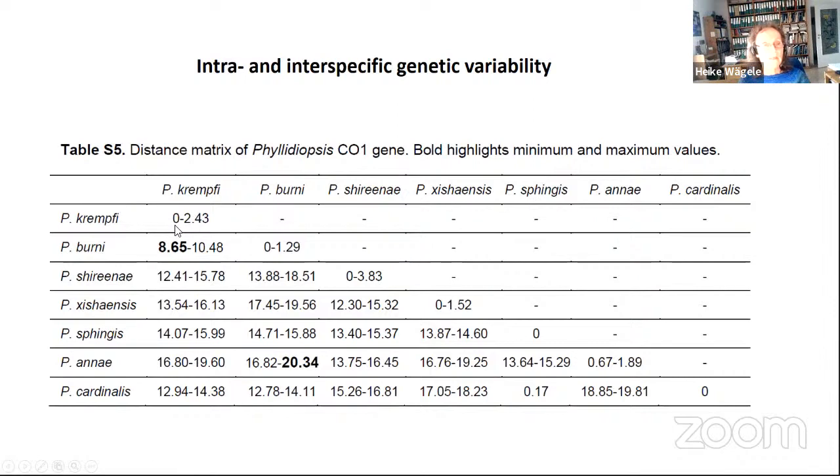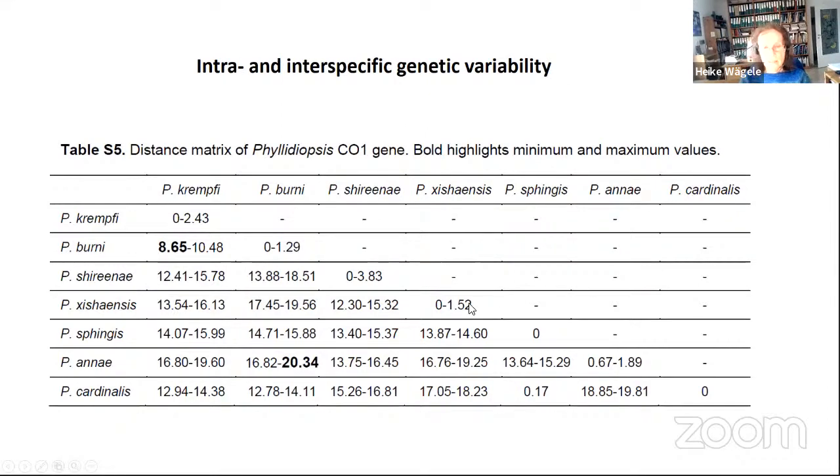It cannot be a different species, for example. So it gives you a sense of the interspecific variability, and the lowest distance here is 8.65, so about 9%. Between these different species, there's at least 9% difference. And that's how to interpret this intra and interspecific genetic variability.